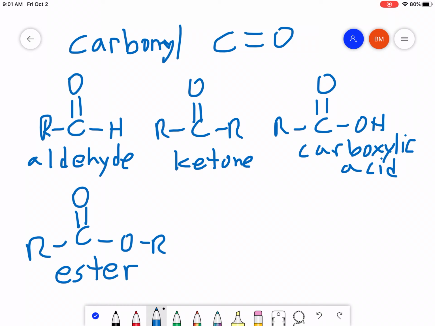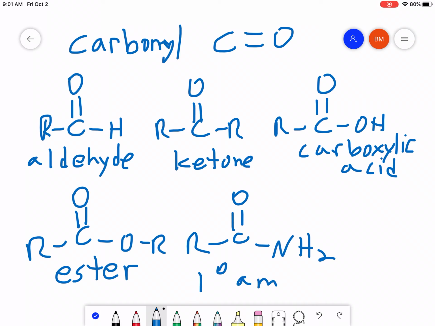All right, and then you also have the amides. And there's three different types of amides. Amides have nitrogens attached to your carbonyl carbon. Unfortunately, I'm going to run out of room, so I'm going to have to erase a couple of these in a second. You could have an NH2 attached. That's called a primary amide.